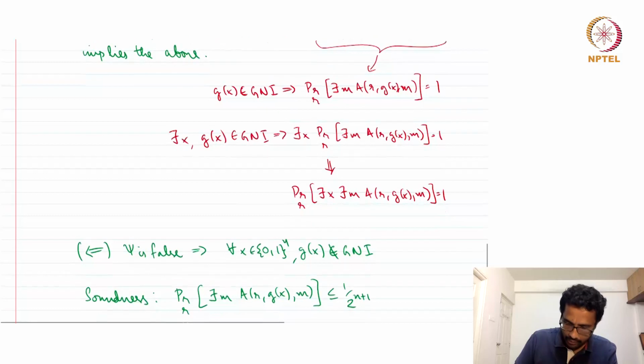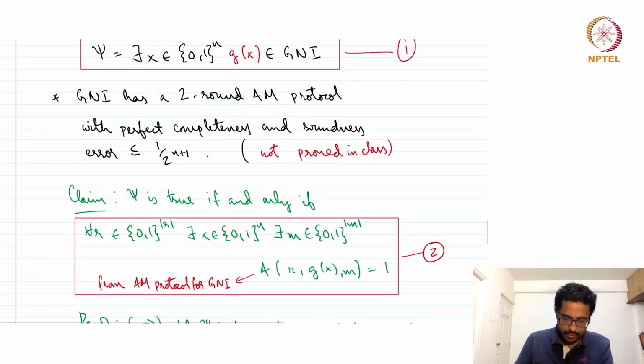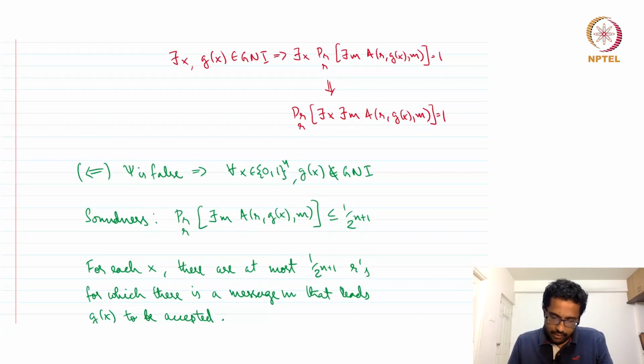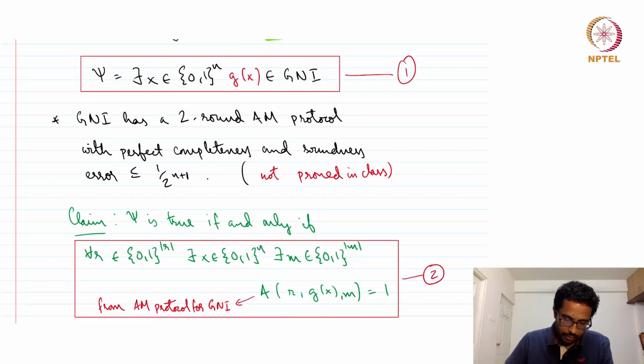Now the other direction, 2 implies 1. Suppose it is true that for all r, there exists x and m such that A(r, gx, m) equals 1. In fact, we will assume the opposite. We are not going to prove 2 implies 1. Rather, we are going to say that not 1 implies not 2.